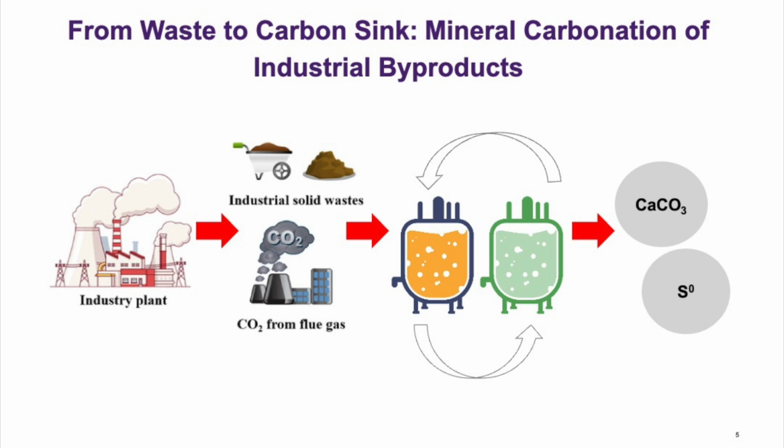Mineral carbonation is a natural process that occurs at geological scales, but this represents a promising alternative for carbon sequestration. This can be used, for example, for carbon sequestration from the carbon dioxide coming from flue gas or from gases coming from combustion processes.